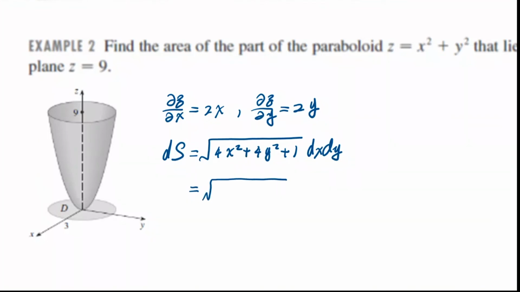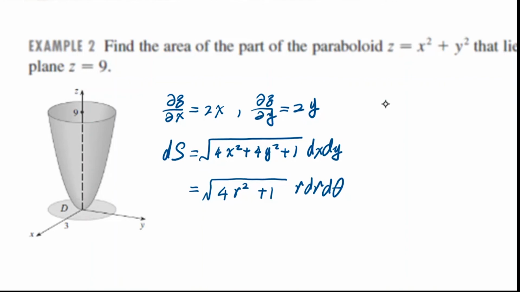So this thing together is 4r squared plus 1, and then dx dy becomes r dr d theta. So this becomes a nice u-substitution. I mean, whenever you see a circular region, why wouldn't you want to go polar? Good. You with me?